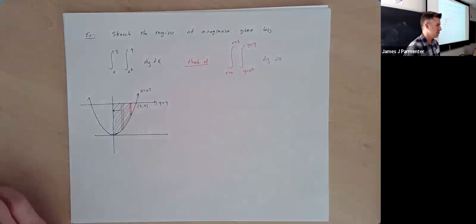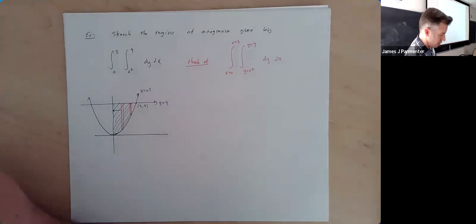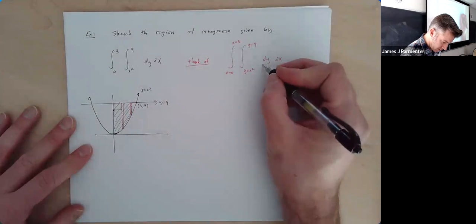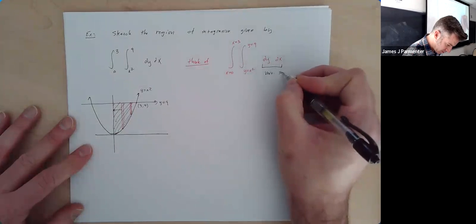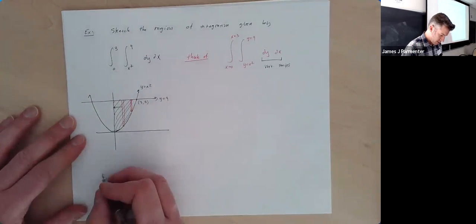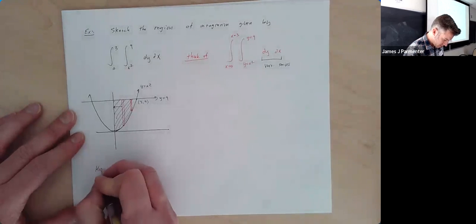Okay. So I'm going to make some blanket statements here. When it's dy dx, we are thinking vertical cross sections or vertical strips. Whereas we could then switch it and use horizontal strips.